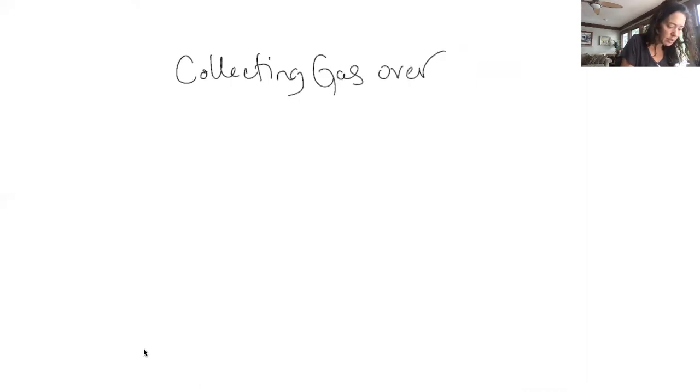And it is mentioned in relation to Dalton's law of partial pressure because we're going to create a partial pressure problem. So here is our experiment that's going to collect a gas.